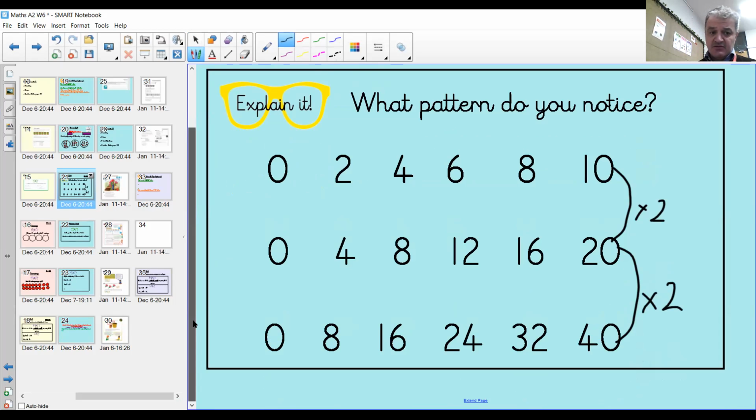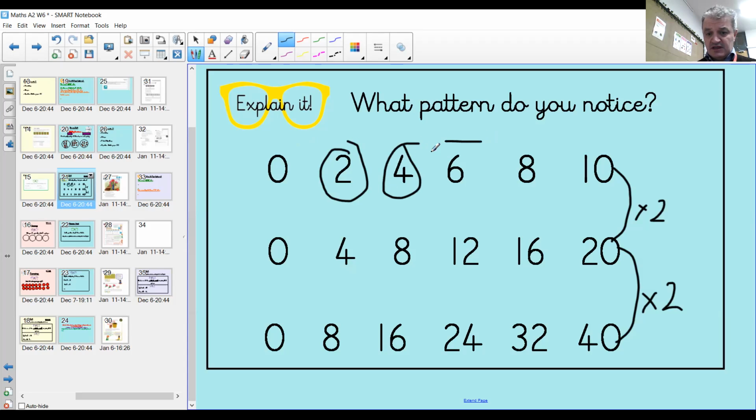Okay. So any number that's in the 2 times table won't necessarily be in the 8 times table, because we've got 2, 4, 6, 10. But any number that's in the 8 times table will be in the 2 times table. Okay. Write them down and have a compare of the 2, the 4, and the 8. And you can see the relationship between the 3 different multiplication tables.